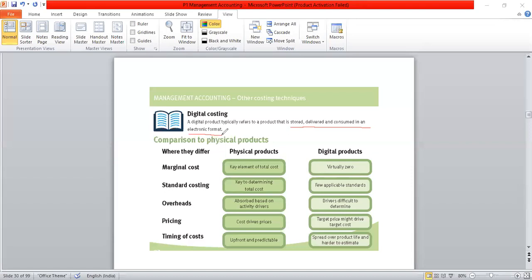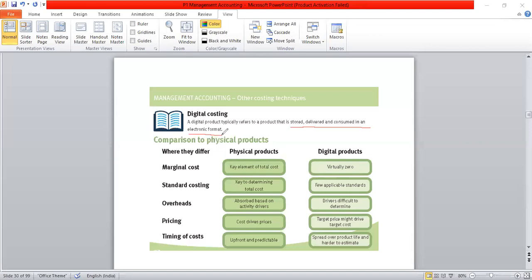In terms of standard costing, which is key to determining the total cost: what is standard costing? It is how much the cost should be incurred, what standards are to be followed, and when it is considered favorable. All those things are taken into consideration. So there's a limit decided, a standard amount decided, and it is not possible to exceed beyond that. That's the standard costing part of it.